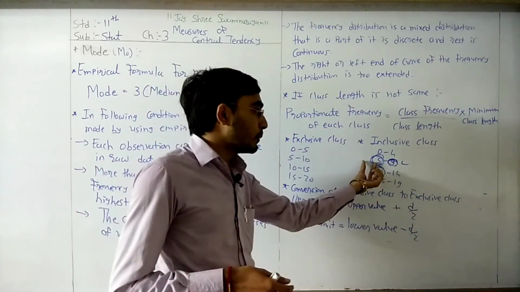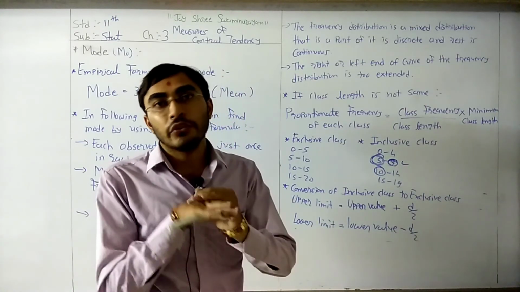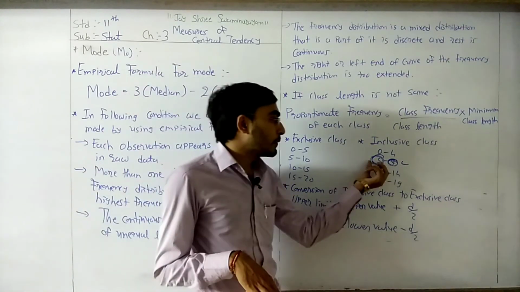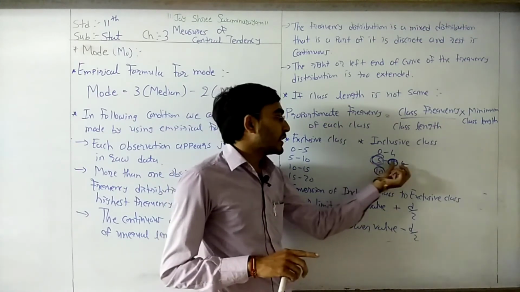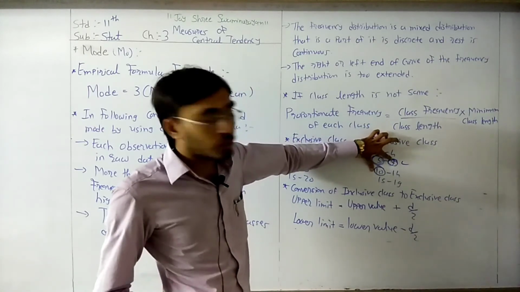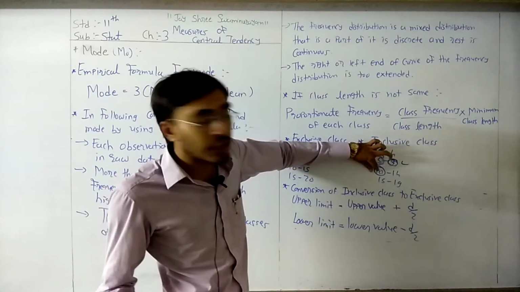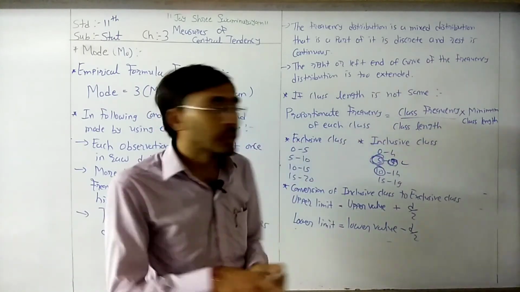If you subtract from here and add from here, that difference is covered. Half the difference you subtract here, half the difference you add here. In between these two numbers we have a difference of 1. If you add half the distance here and subtract half the distance here, both can be equal, right?